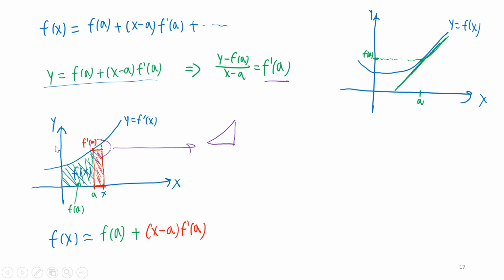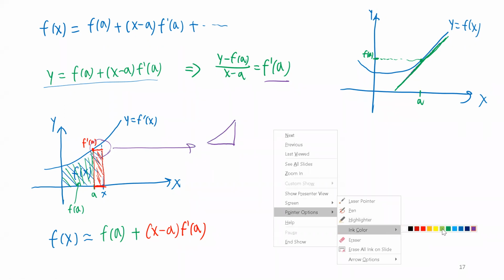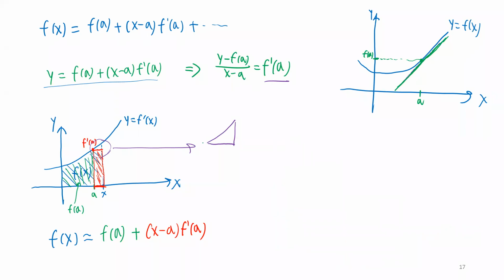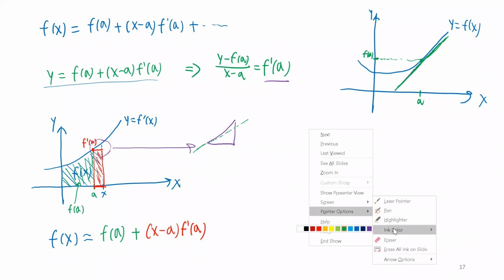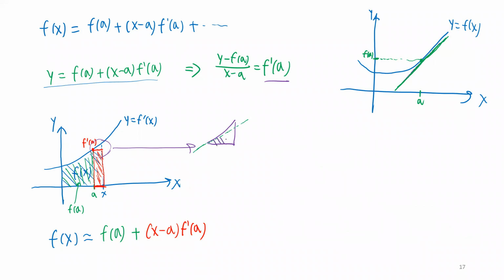So what is the area of this region? It's not exactly a triangle, but if I approximate it as a triangle, what I'm going to do is take this tangent line over here, and then find out this area. So what is this shaded region area?